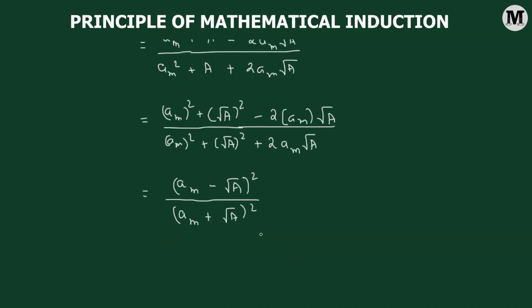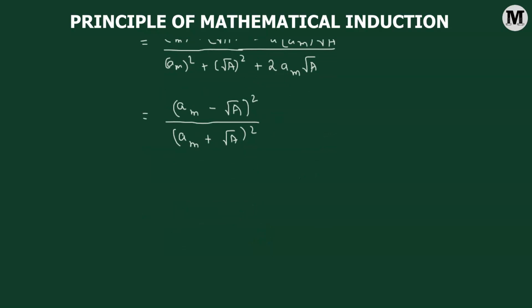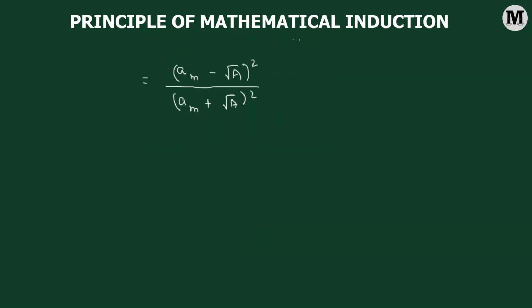Furthermore, we can use some laws of exponents to rewrite the expression as a m minus square root of a divided by a m added to square root of a, raised to the power of 2. However, we can also write 2 as 2 to the power of 1. It will mean exactly the same thing without making any difference.